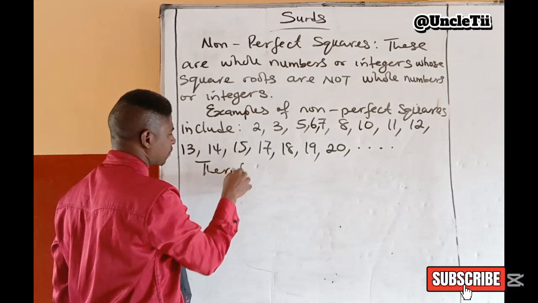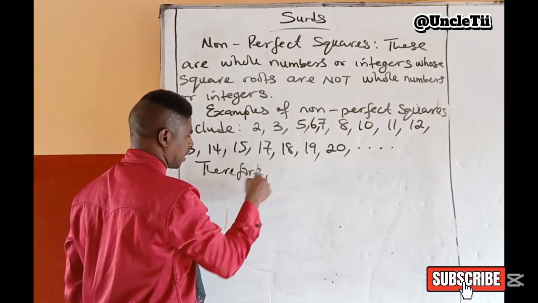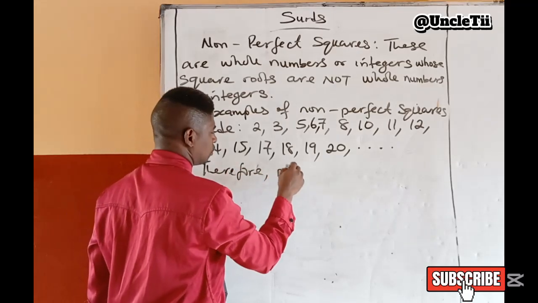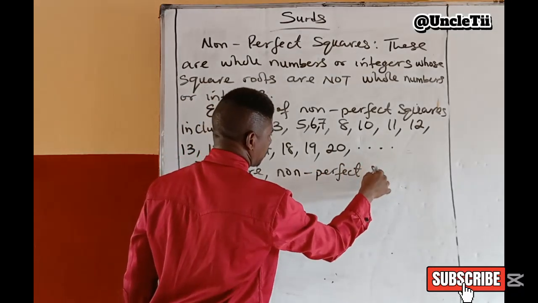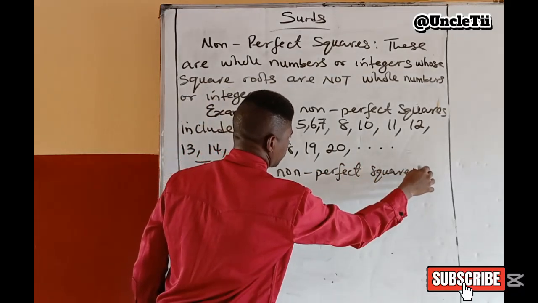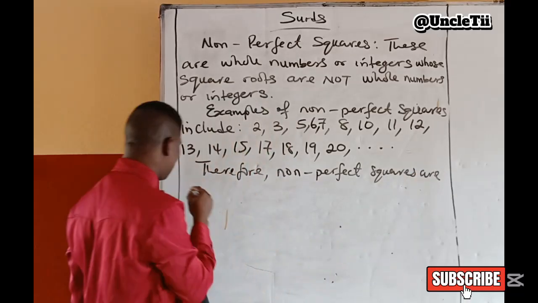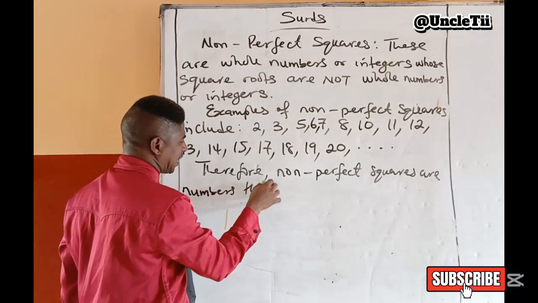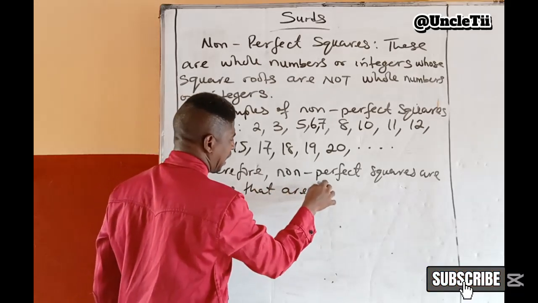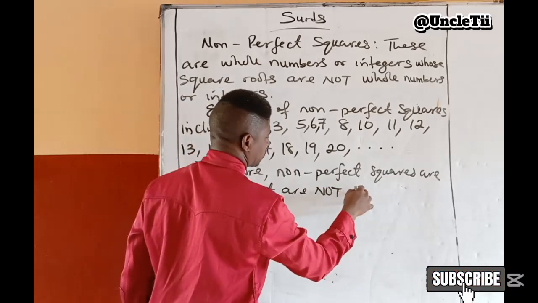Therefore, non-perfect squares are numbers that are not perfect squares.